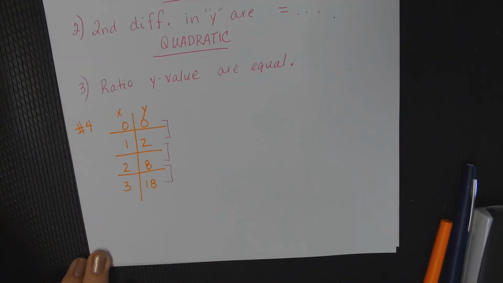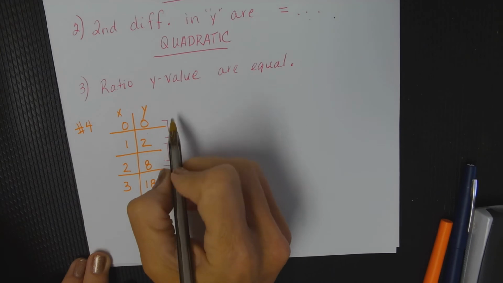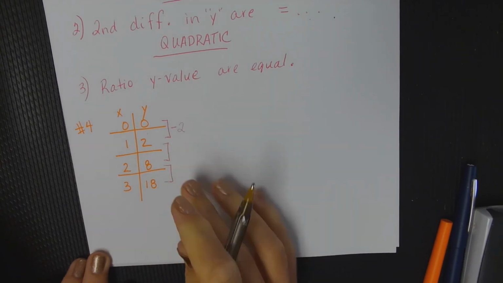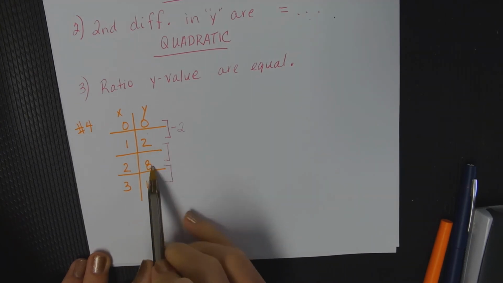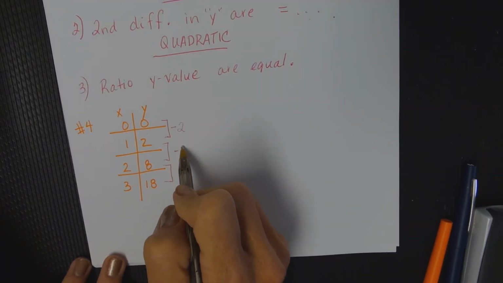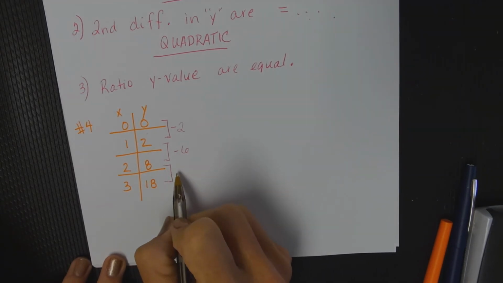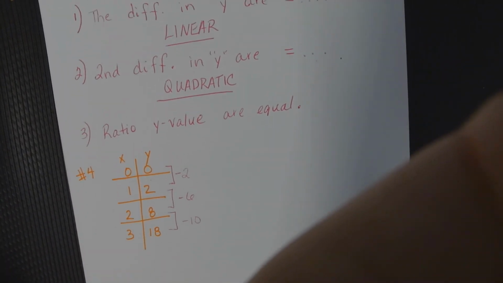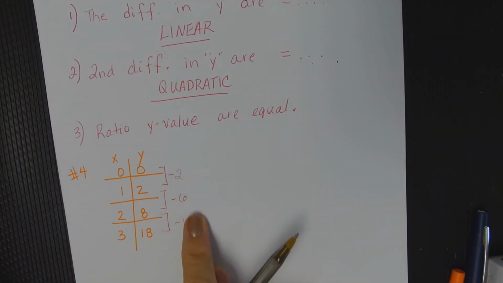All right, so let's do the first difference. What is 0 minus 2? Negative 2. What is 2 minus 8? Negative 6. What is 8 minus 18? Negative 10. So the first rule says if they're equal, it's linear. These are not equal.